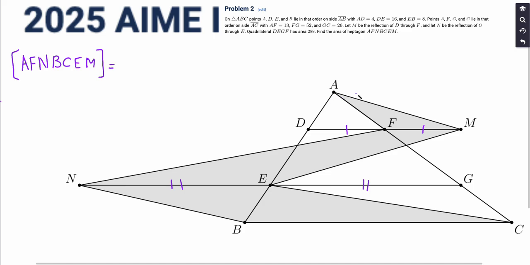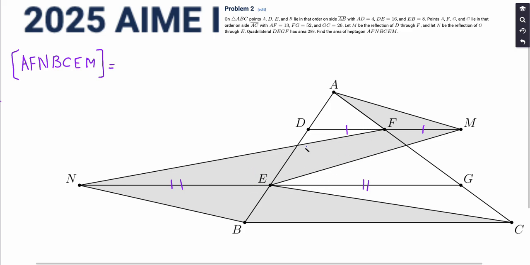So let's look at it triangle by triangle. In AFM, the height is the same as in triangle ADF, and the bases are equal. So that means that AFM is equal to ADF. Similarly, for NFME, we have that this height is equal to the height of DEGF, and the bases are also equal.